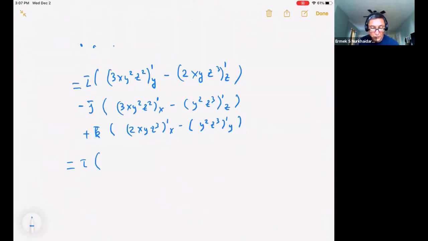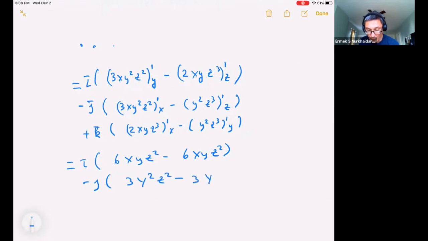And then the derivative with respect to y, I'm going to get 6xyz squared, minus the derivative with respect to z, 6xyz squared. Minus j, derivative with respect to x, 3y squared z squared, minus derivative with respect to z, 3y squared z squared. Plus k, derivative with respect to x, 2yz cubed, minus derivative with respect to y, 2yz cubed.